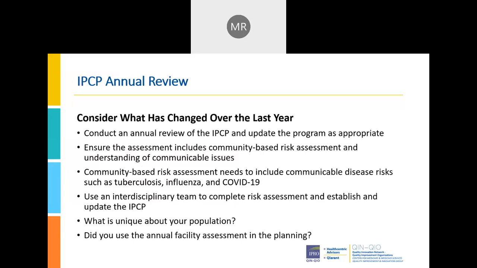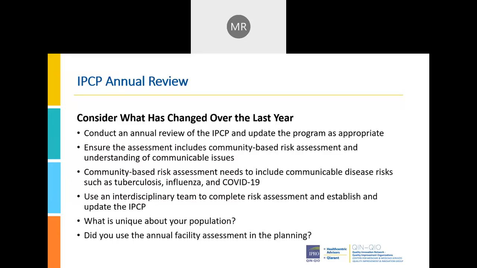It's really a good time to look at your plan and make sure it has all the proper elements to what is happening in your facilities now. Make sure you include your community risk factors and understand the level of communicable diseases in your area.